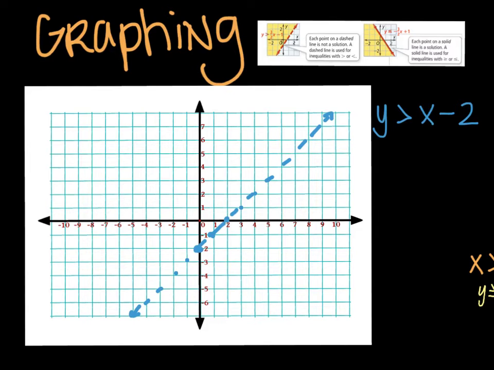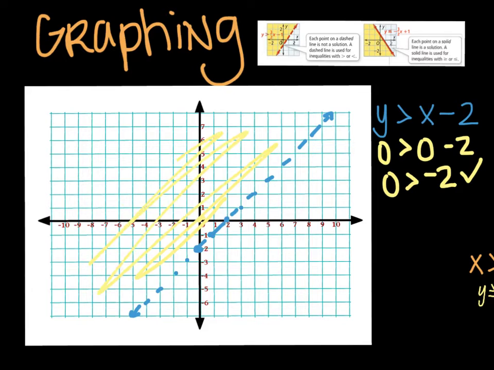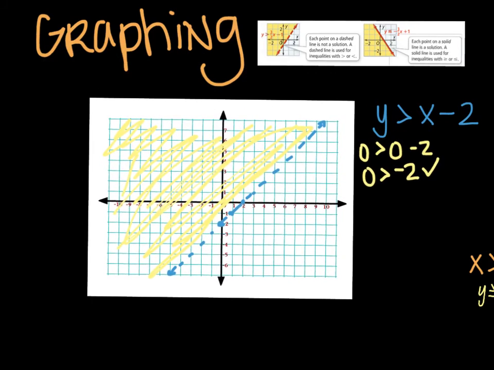For example, 0, 0 is a great one to use. Very simple math. So at that point, 0, 0, 0 is greater than negative 2. That is a true statement, so it is a solution, which means this would all get shaded in. You color that in, so anything up to the boundary line on that side will be a solution.